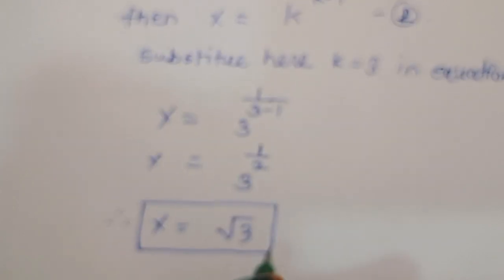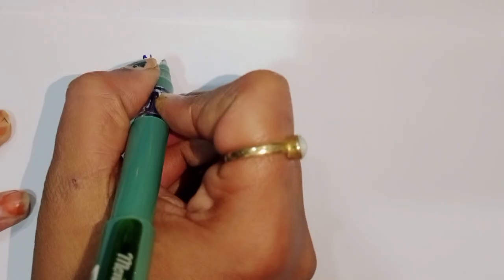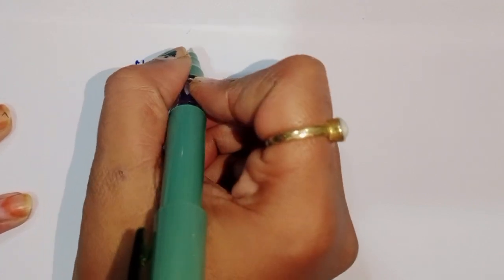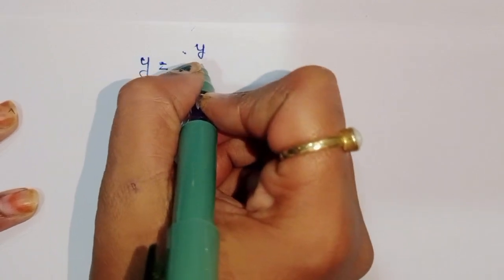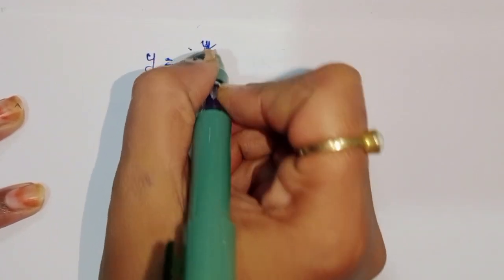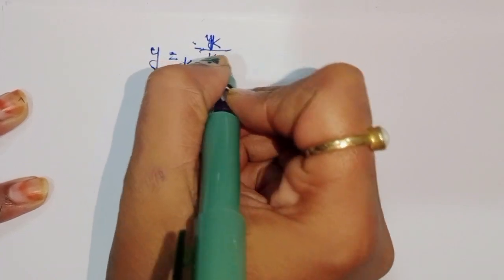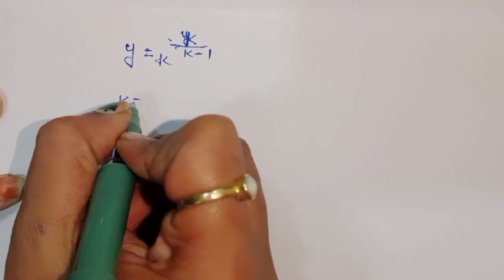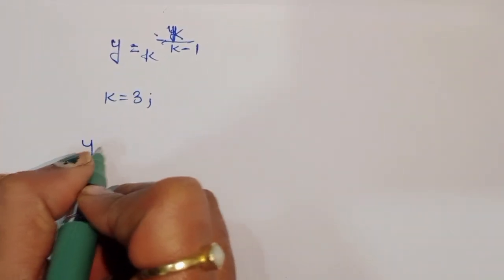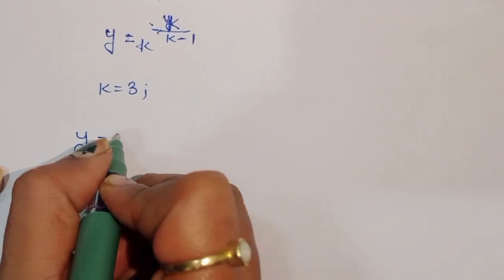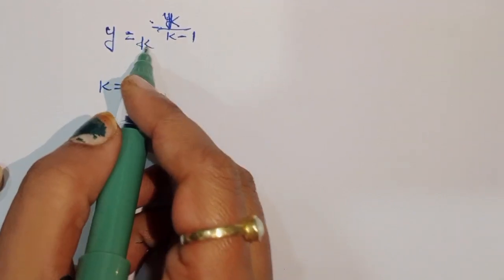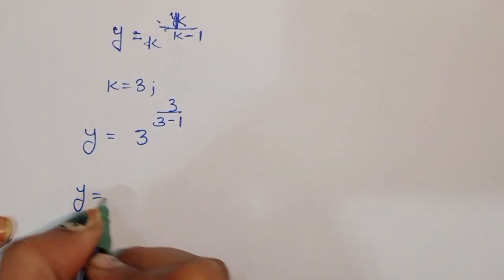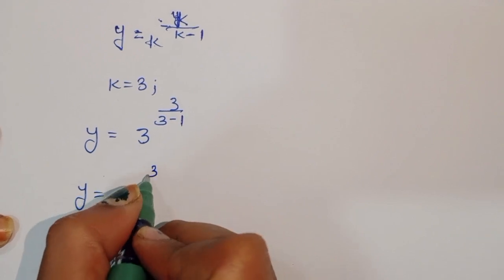Now we have to find the value of y. y is equal to k raised to k minus 1. This is the value of y we got. So we substitute k equal to 3. Then y is equal to 3 upon 3 minus 1, that is, y equals 3 raised to 3 upon 2.